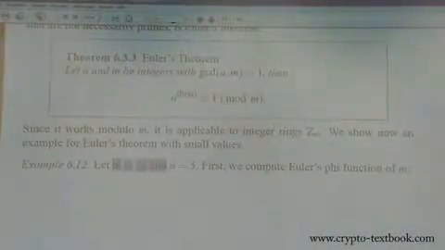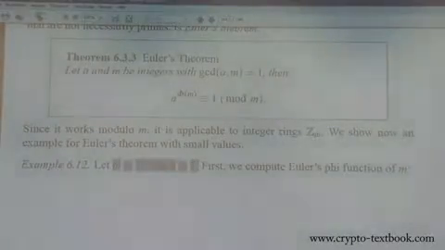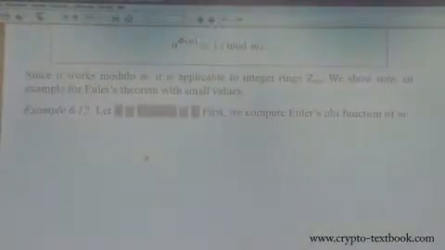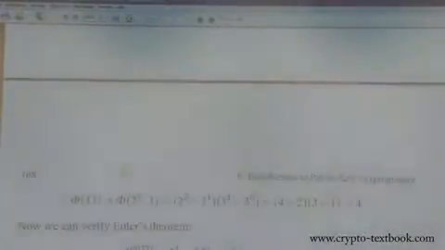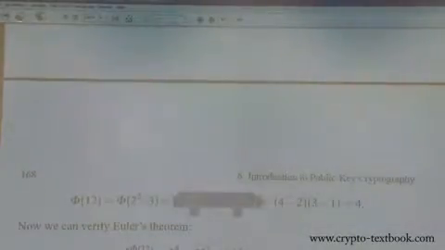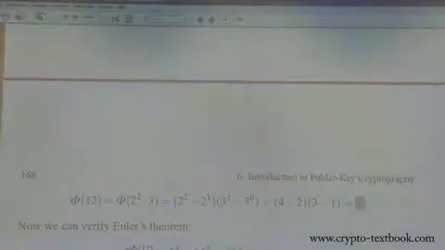So m equals 12, a equals 5. So what do you do here? First we compute phi of 12, which is the formula we saw before. The result is 4. So if you do GCD of 12 and 0, 12 and 1, 12 and 2, you get 4 red stars, okay?